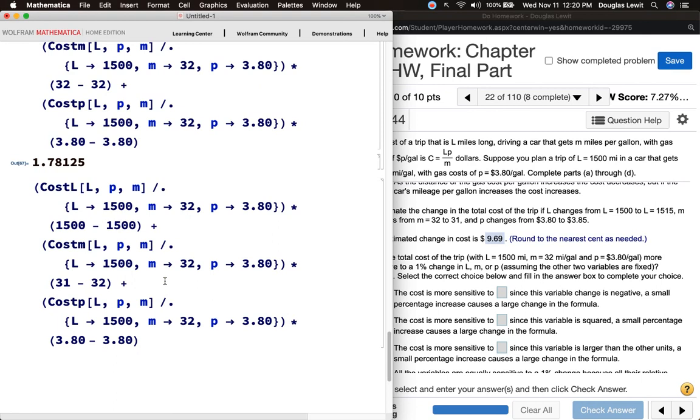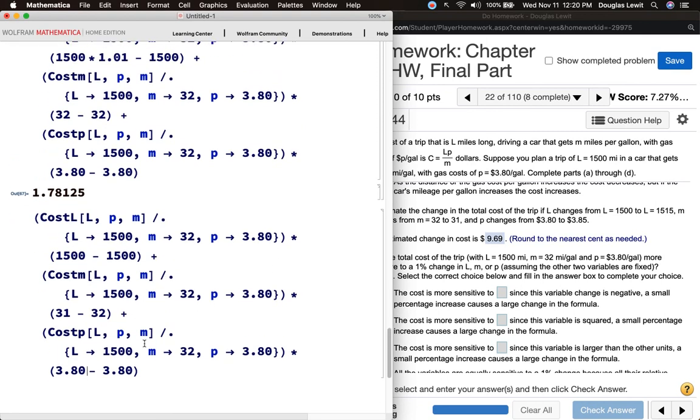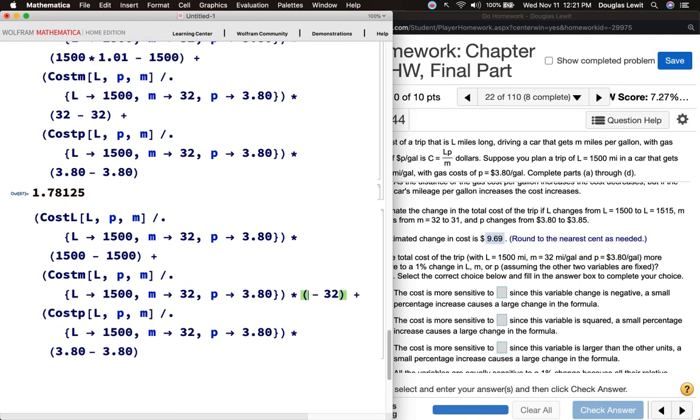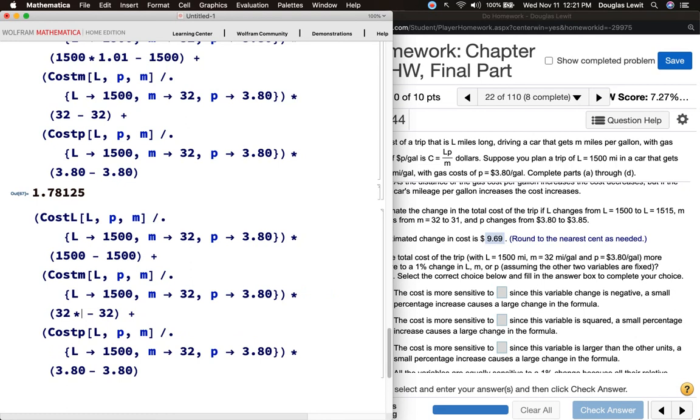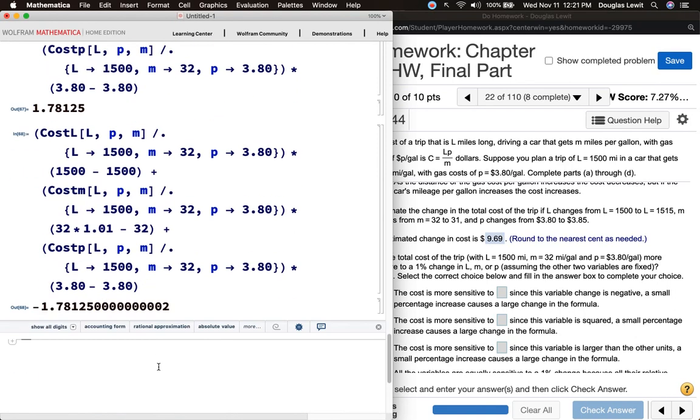Okay, let me see here. There's no change in L, and there's no change in P, but there is going to be a change in M. So that's going to be 32 times 1.01. Okay, so again, it's a change of about $1.78, but this time it's going in the opposite direction.